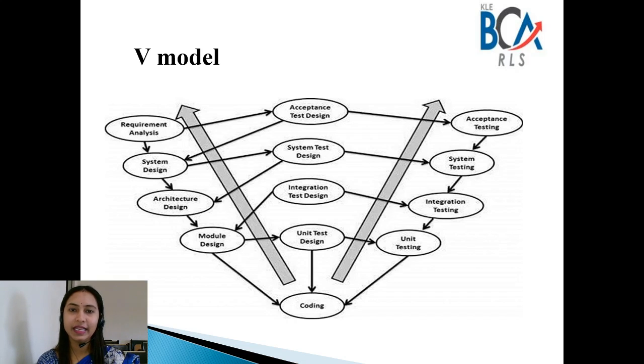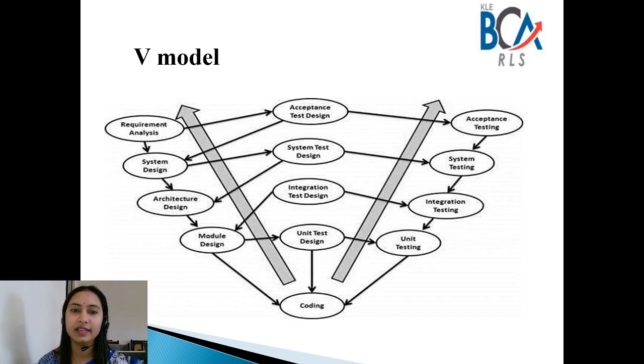It is a highly disciplined model, where the next phase starts only after the completion of the previous phase. In the V model, the corresponding testing phase of each development phase is planned in parallel. As I have told you before, the testing phase is planned parallelly in association with the development phase.